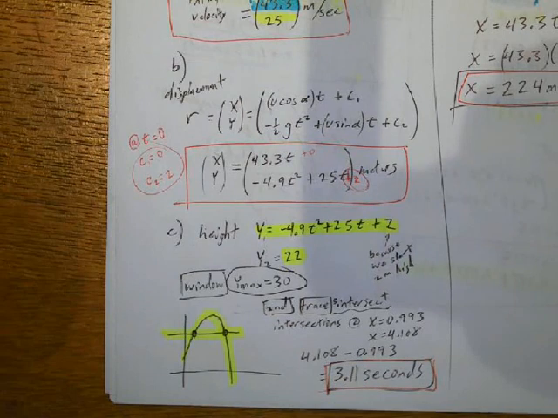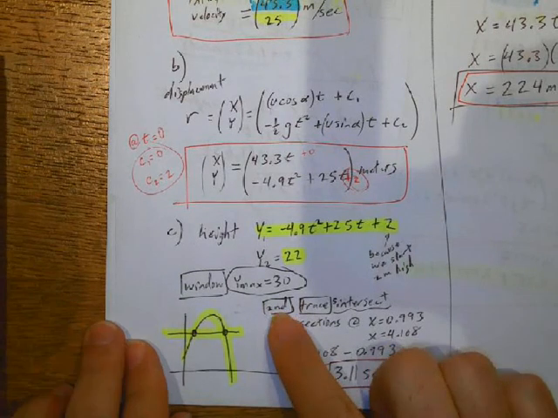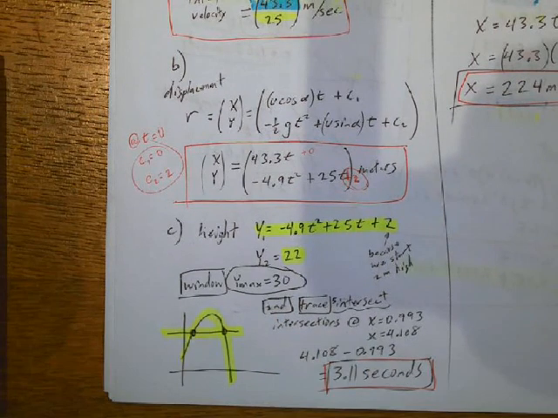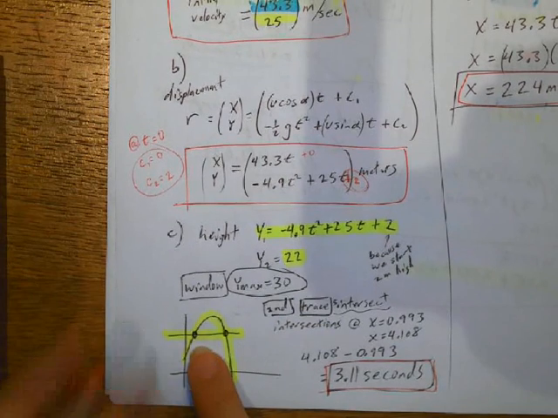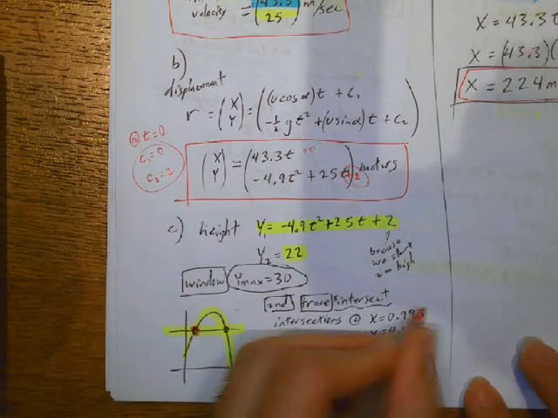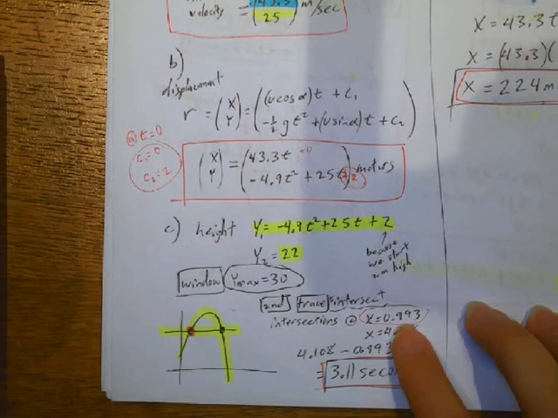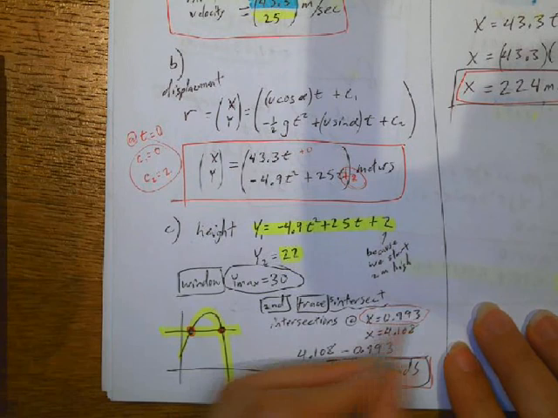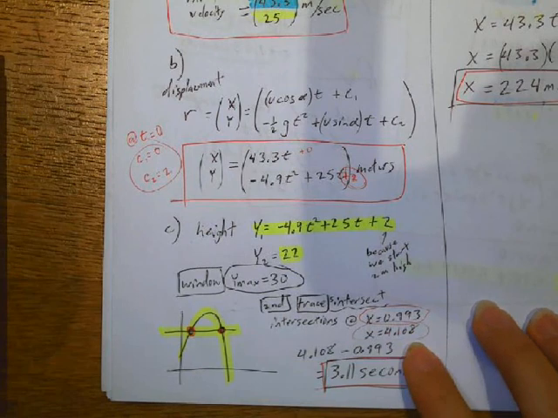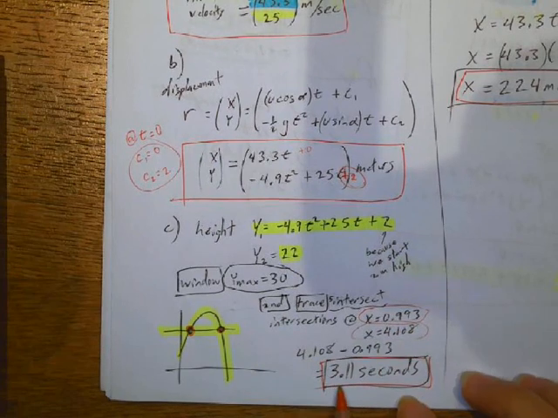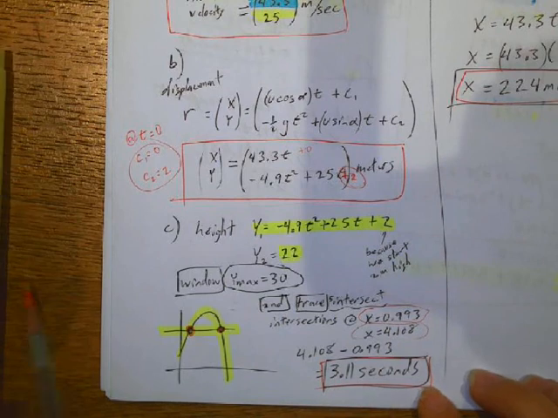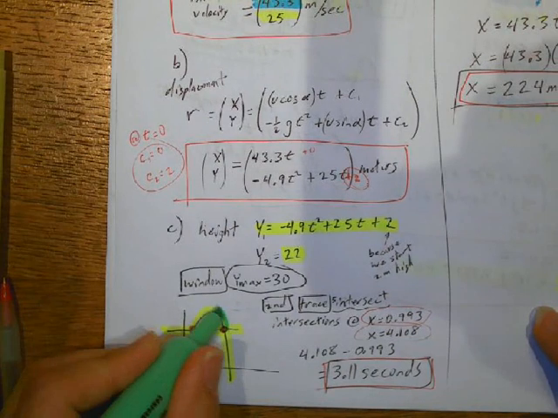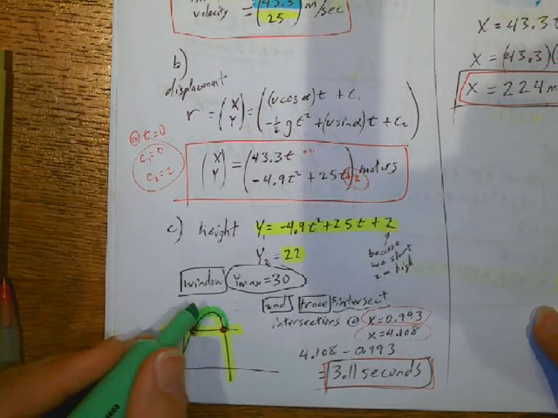And if I change the window, then I'll be able to see where these intersect. This intersection here happens at 0.993, and this intersection here happens after 4.108. And so if I subtract those two, that tells me how long we're in the air. So this whole part right here is when we're above 22 meters.